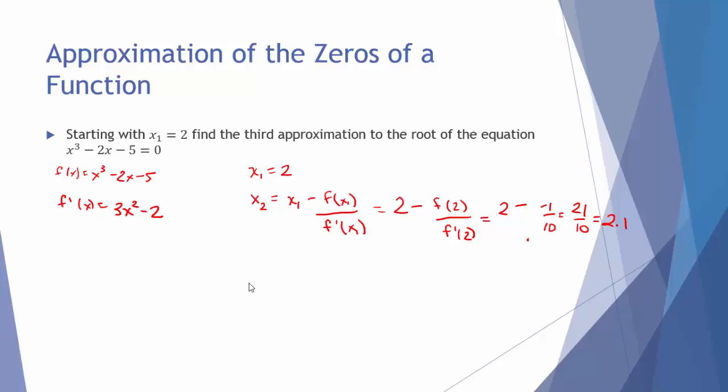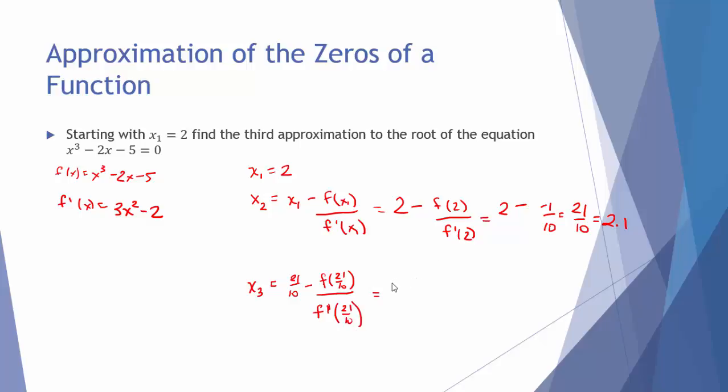So now to find x sub 3, which is what we are looking for, that's our third approximation, we would take x sub 2, which is 21 over 10, or 2.1, whatever you prefer, minus f of 21 over 10 divided by the derivative evaluated at 21 over 10.